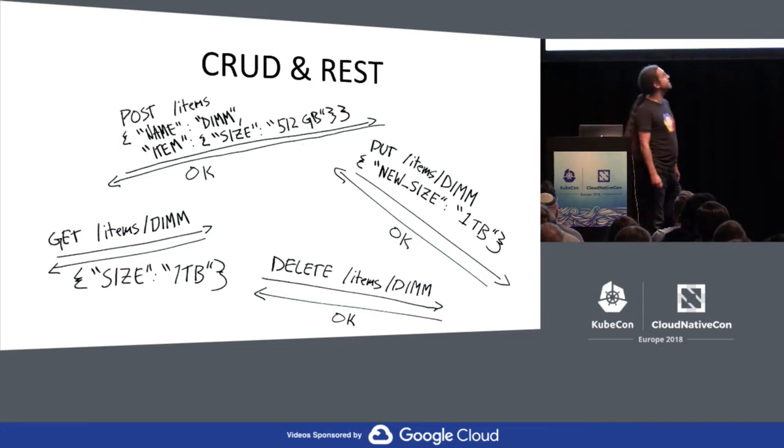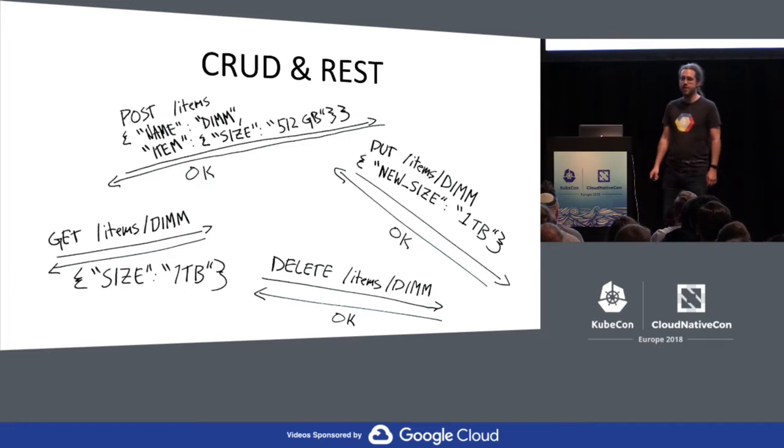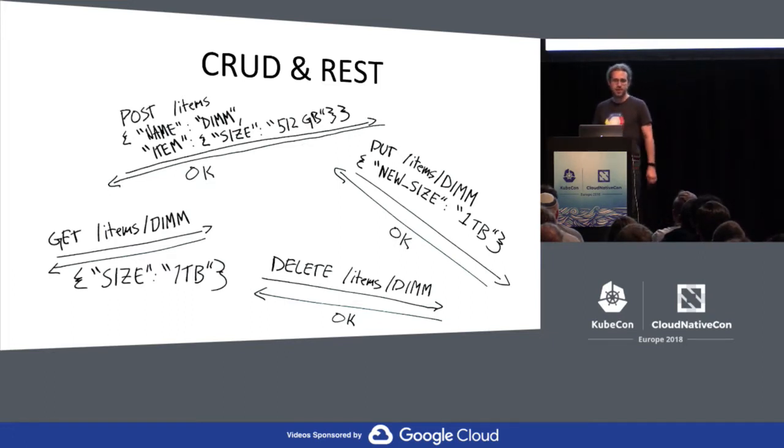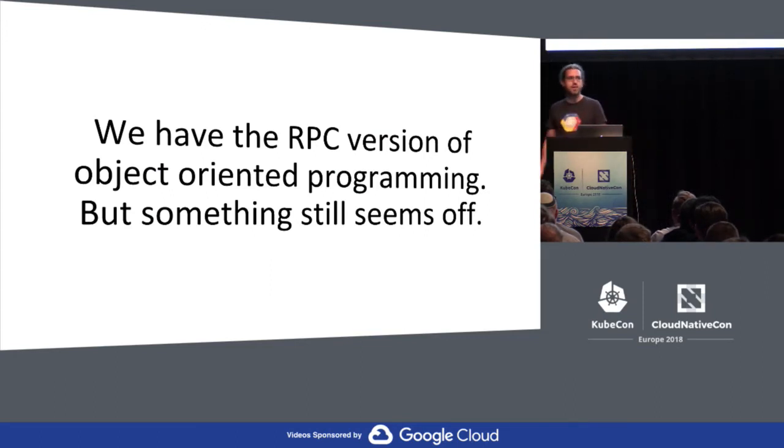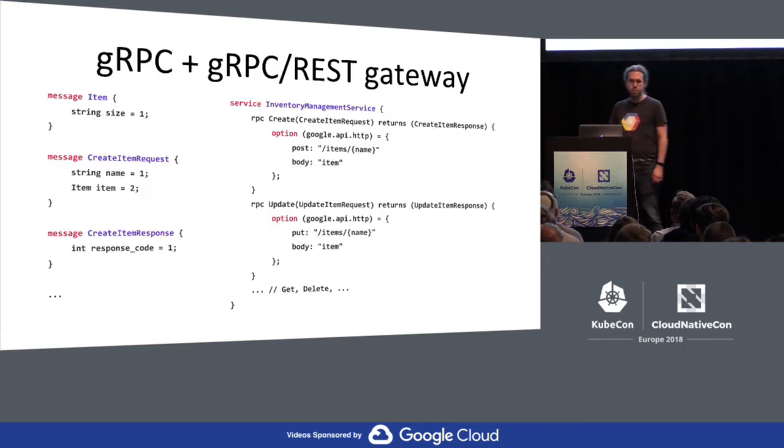And CRUD is the idea that you support create, read, update, and delete operations. Yeah, so that gets us a little bit of the way towards an understandable API system. This is sort of like the API version of object-oriented programming. But it doesn't quite go far enough.